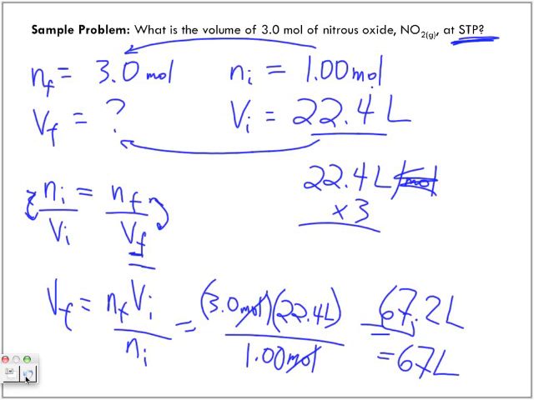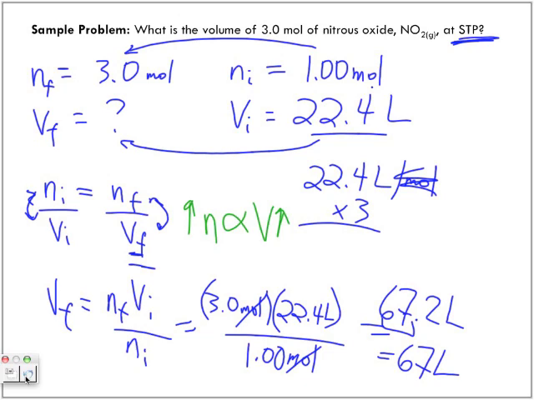Remember what we said, the proportionality between the number of moles and the volume. If the number of moles increased, so did the volume. The number of moles increased from 1 to 3, which means it was a 3-times proportionality, so the volume was also going to increase by 3, and it did. We proved it with our calculation.